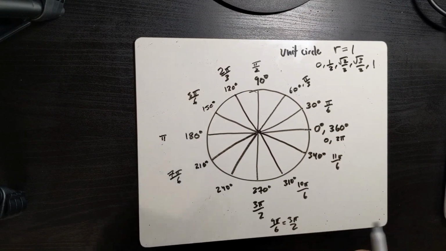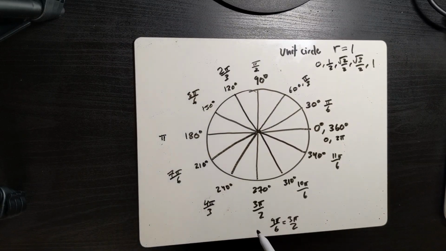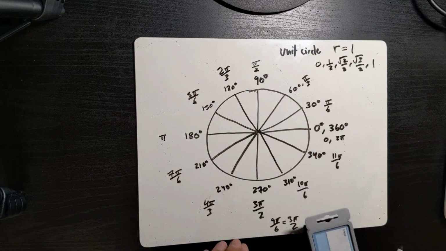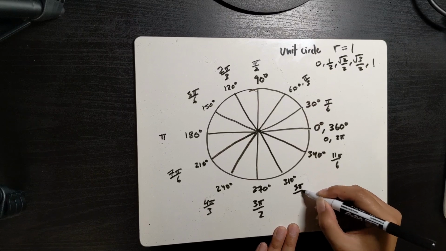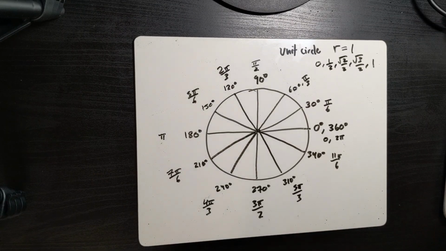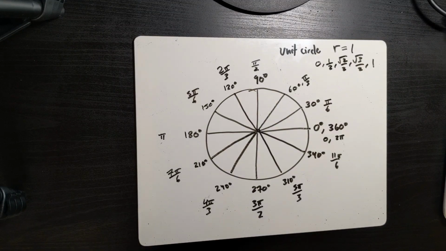So let's do that. 4 pi over 3. And then 3 pi over 2, okay. 10 pi over 6 can be simplified to 5 pi over 3. And then 11 pi over 6 we can leave just like that. And then we're back full circle.